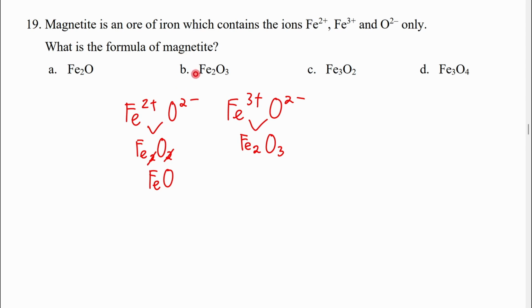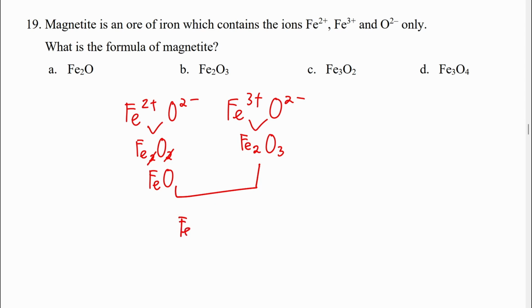But this is wrong. If you answer Fe2O3, that means magnetite only contains ion Fe3+ and O2-. But the question said that it contains Fe2+, Fe3+, and also O2-. So that's why you have to add these two, right?